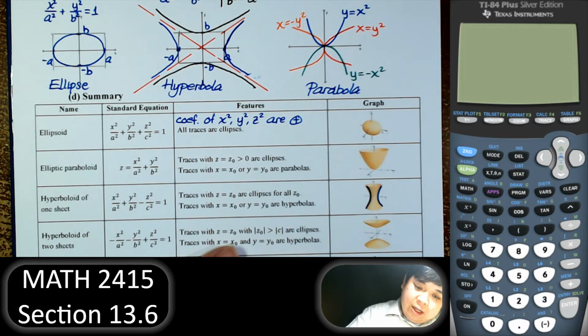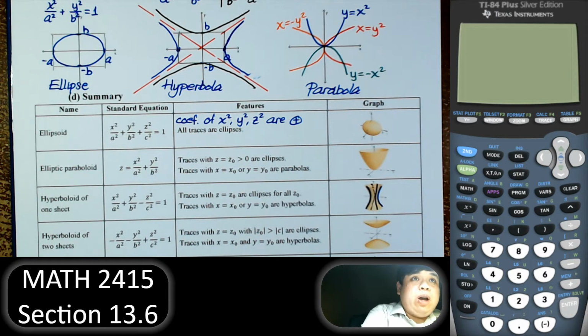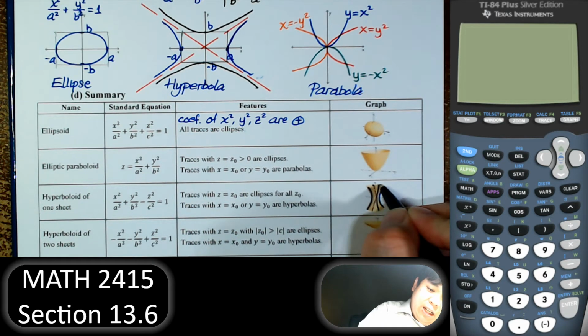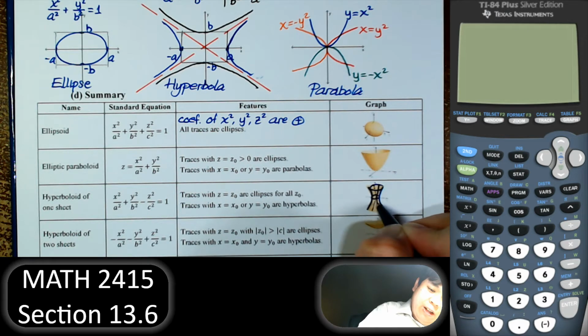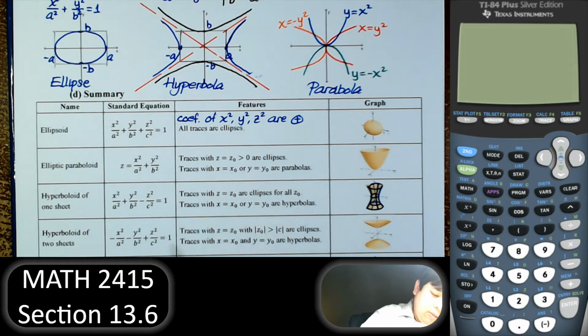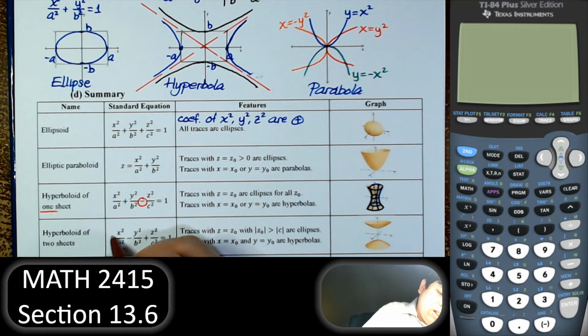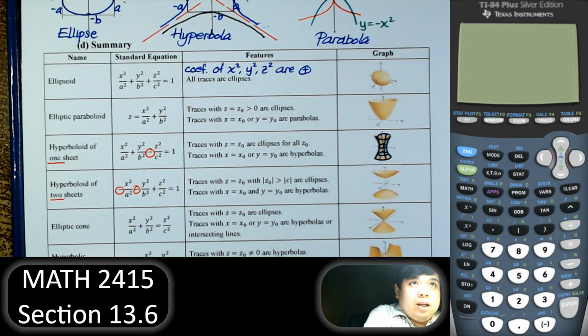We can have two hyperbolas, and then if we don't have z, we're going to have a bunch of ellipses in that sense too. So this is called a hyperboloid of one sheet. Hyperboloid of two sheets, what we see is, all positive, right? So one negative sign, one sheet. Two negative signs, two sheets.